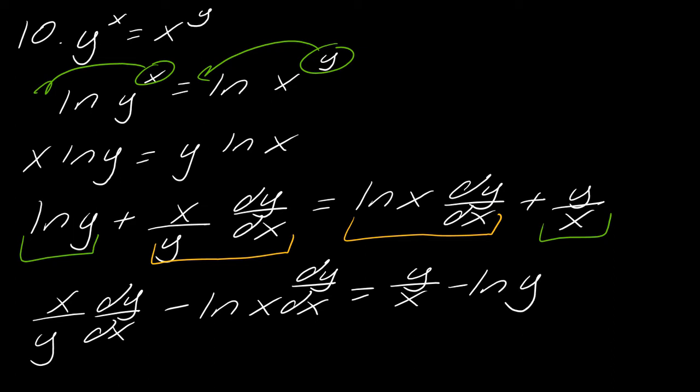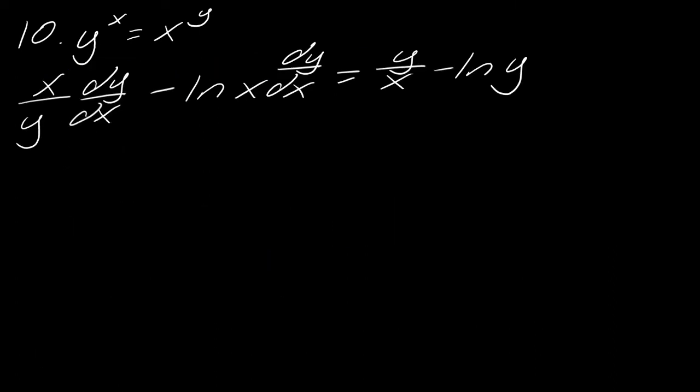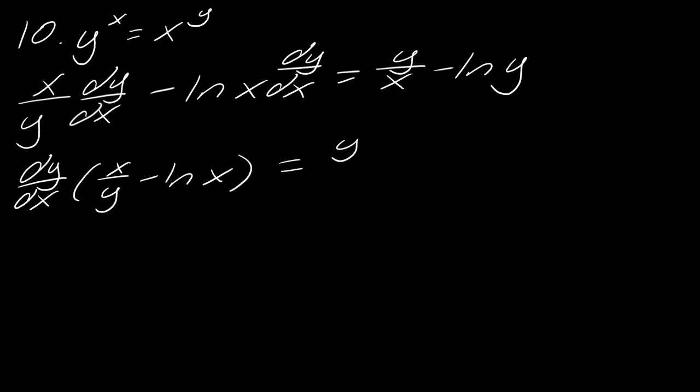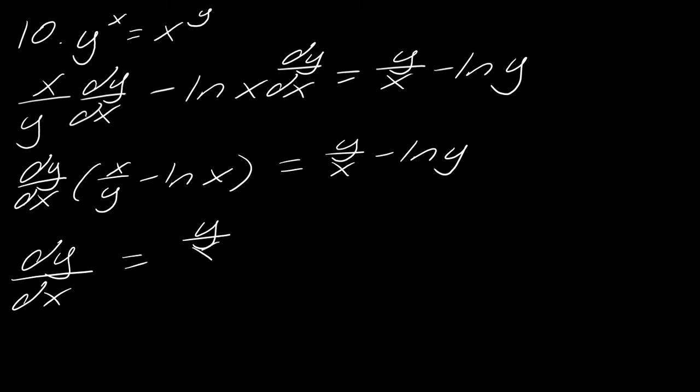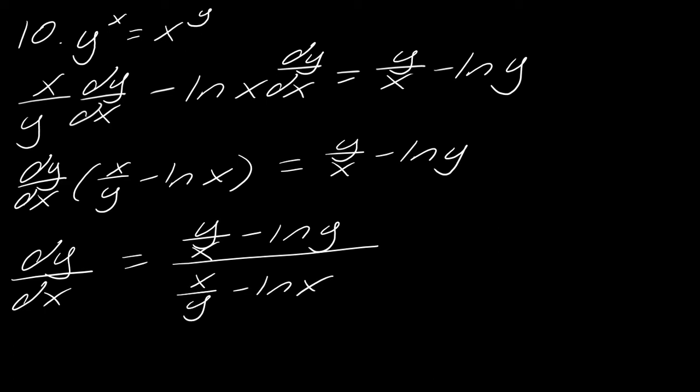All right, so let me make some space. And now I can factor the dy dx out. So I've got x over y minus the natural log of x, and then this is y over x minus the natural log of y. So then in the end, my final answer will be y over x minus the natural log of y over x over y minus the natural log of x.